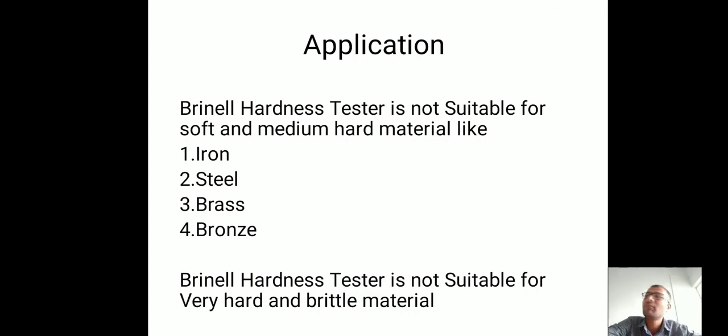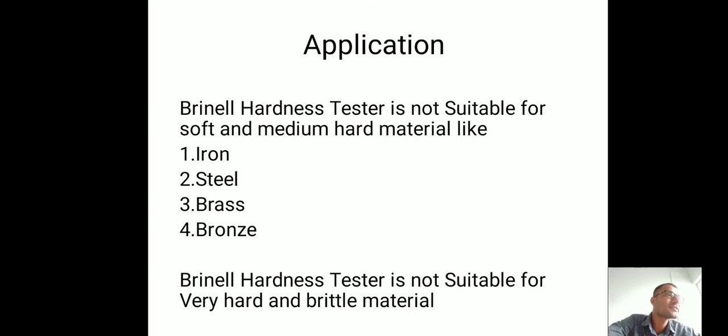Always keep in mind, soft and medium hard material we can test with the help of the Brinell hardness tester, such as iron, steel, brass and bronze. And always keep in mind, the Brinell hardness tester is not suitable for very hard and brittle material.